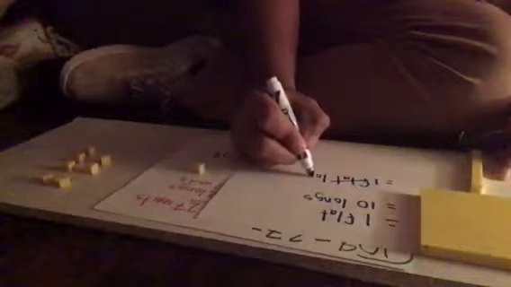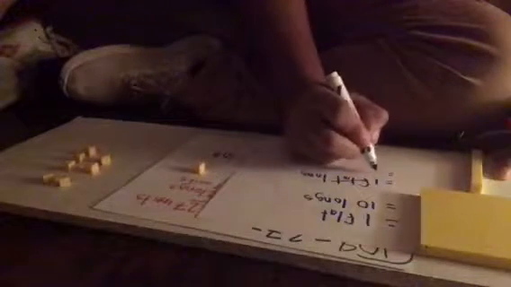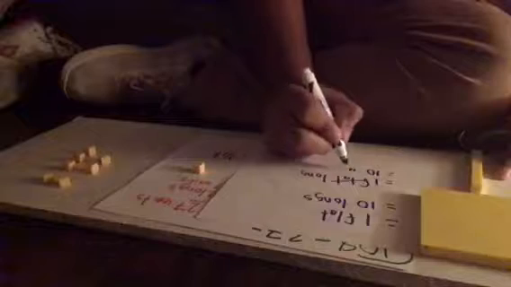And just to clarify, because I don't know if I went over this, 1 flat is equal to 10 longs, and 1 long is equal to 10 units.